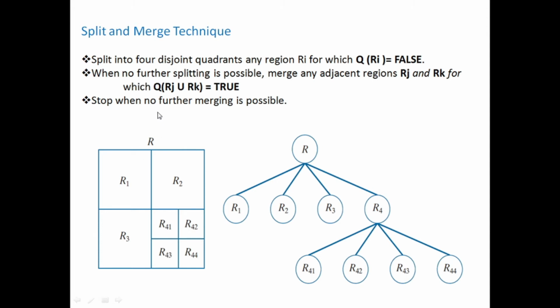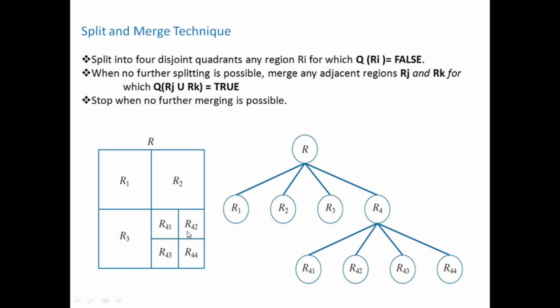What I will be doing is splitting this entire image into 4 subregions like R1, R2, R3 and R4. R1, R2, R3 possess the same homogeneity among themselves, but coming to R4, it is exhibiting dissimilarity among its pixels.